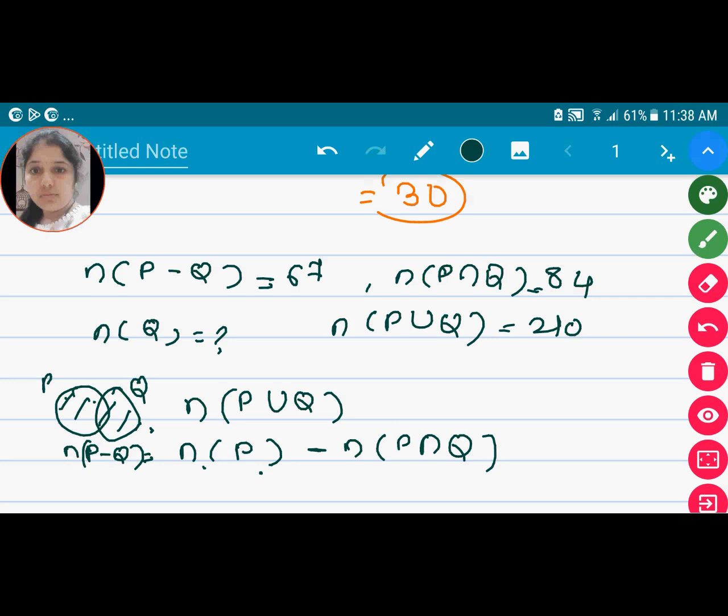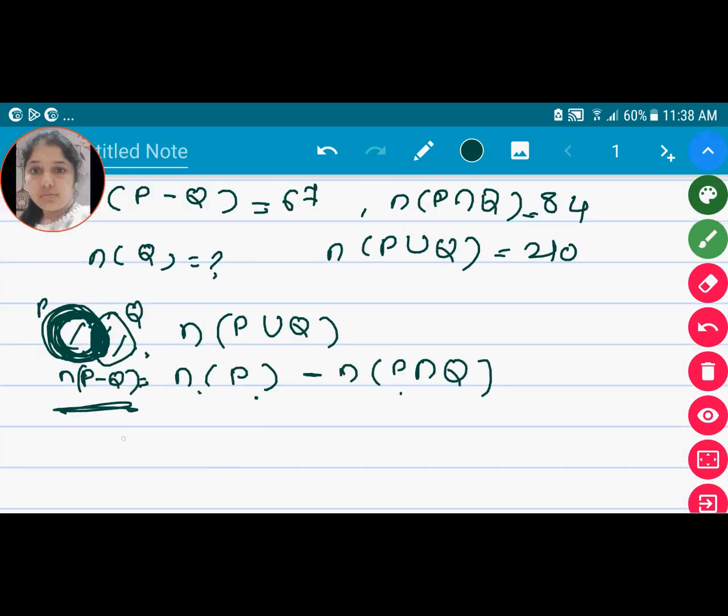I explained before that this is P. If we want only P, this common portion we have to subtract. So from the whole number of elements in P, we have to subtract the P intersection Q portion to get the number of elements in P minus Q.